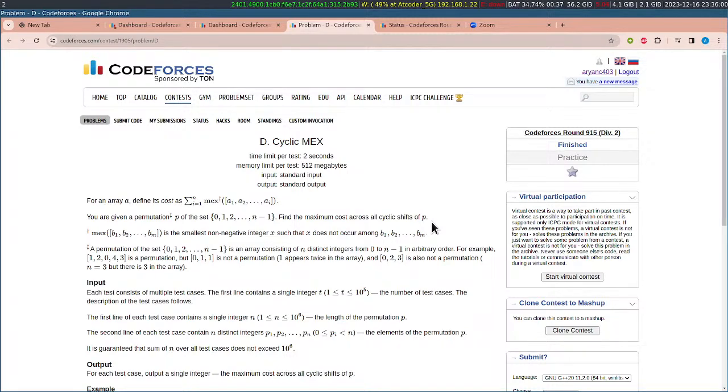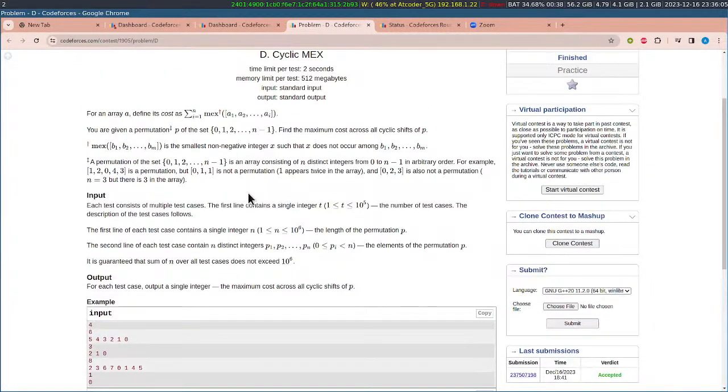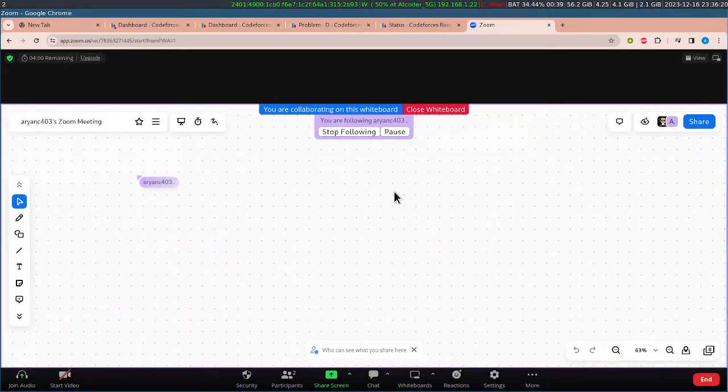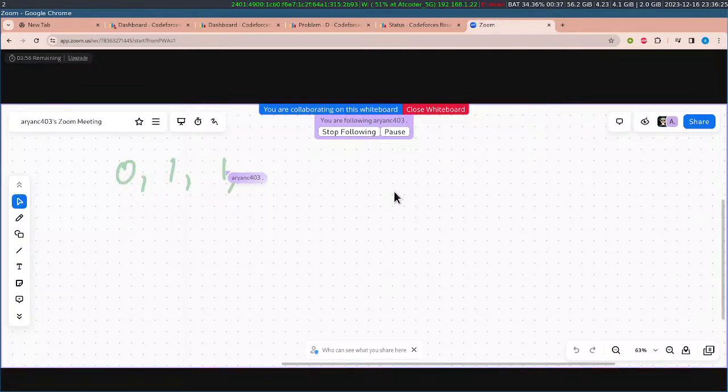Let's look at what this max is first. It says the max of an array is the smallest non-negative integer x such that x does not appear in B1 to Bm.